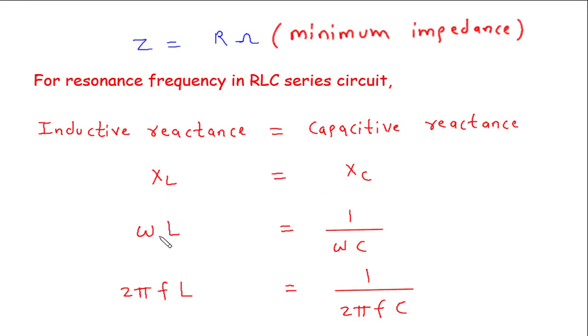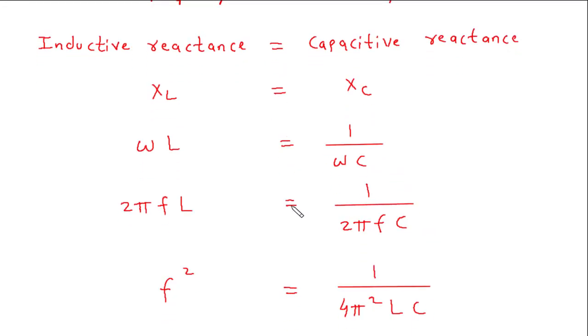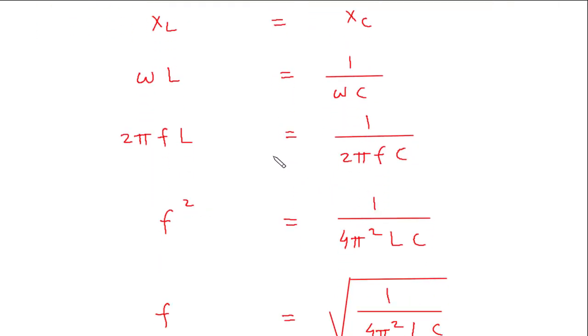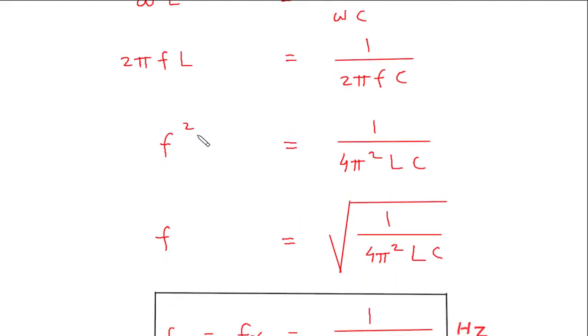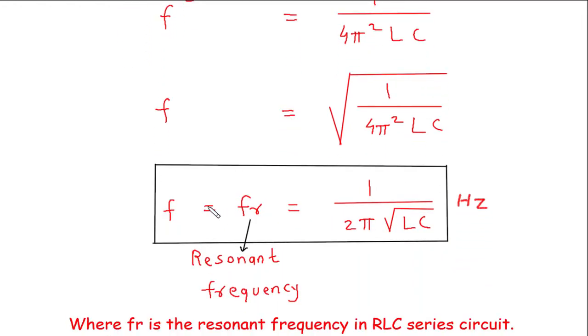XL is equal to omega L and XC is equal to 1 upon omega C. Now again this omega is equal to 2 pi F. Here also omega is equal to 2 pi F. So from this we can calculate F square is equal to 1 upon 4 pi square LC, and from this F is equal to under root of 1 upon 4 pi square LC. So therefore this frequency will be the resonant frequency. So F is equal to Fr is equal to 1 upon 2 pi under root LC.